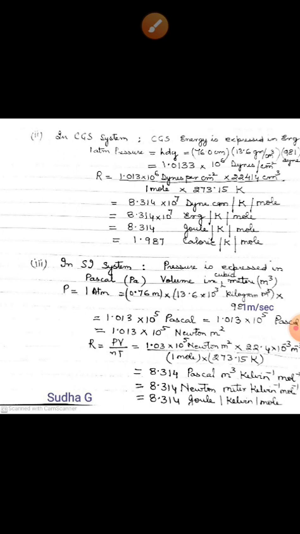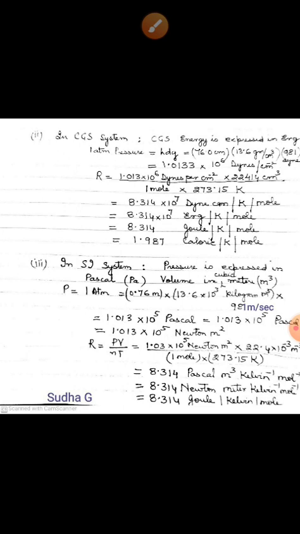Substituting these values in R, which is PV upon nT, this is equal to 1.013 into 10 raised to the power of 5 newton per meter square multiplied by 22.4 into 10 raised to the power of minus 3 cubic meters upon 1 mole into 273 Kelvin.